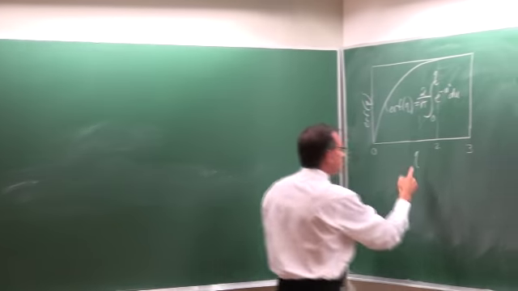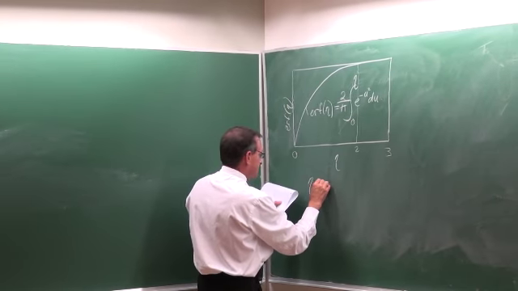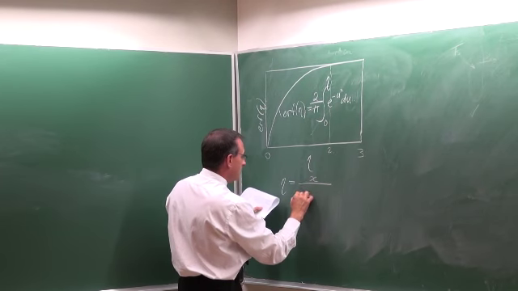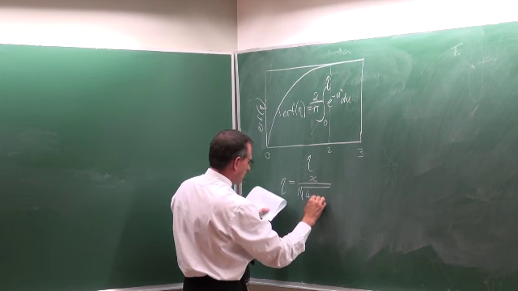Okay, where this eta, remember, is equal to x divided by the square root of 4 alpha t.